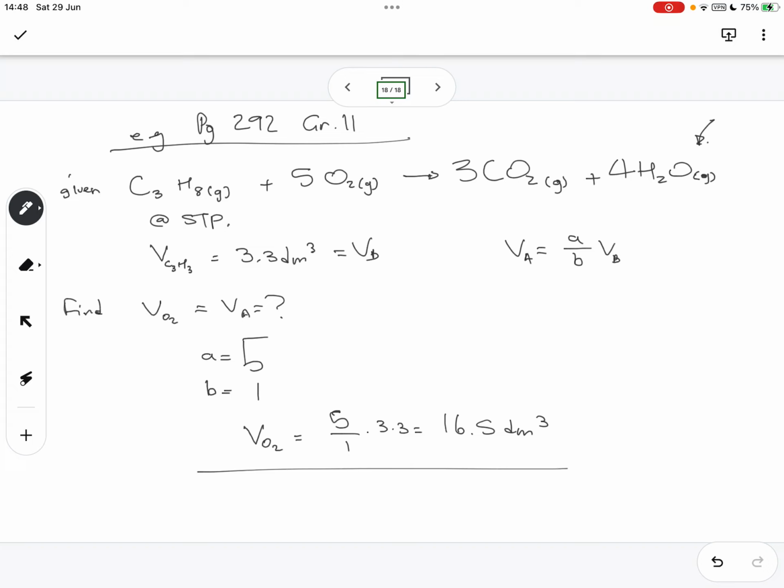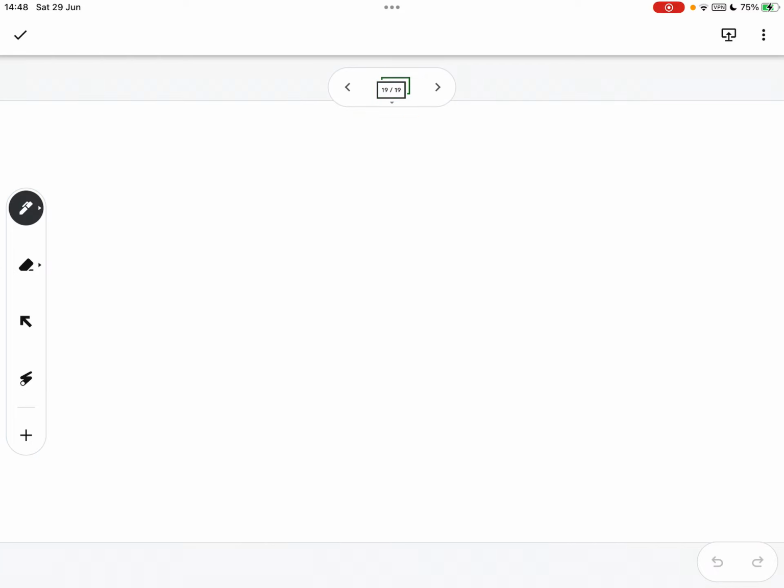So you'll be surprised, it's the same example as the one that we were doing in the grade 10 textbook. And again, the same calculations bring us back to solutions.